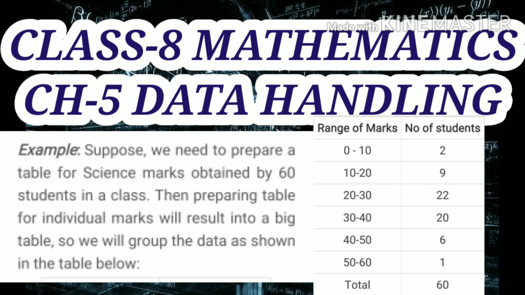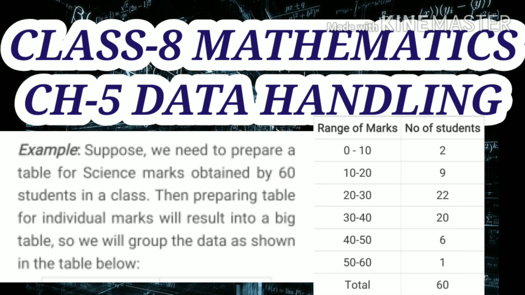For example, suppose we need to prepare a table for science marks obtained by 60 students in a class. Preparing a table for individual marks will result in a big table. So we will group the data as shown in the table given here.